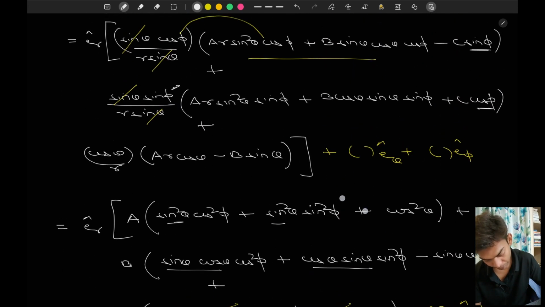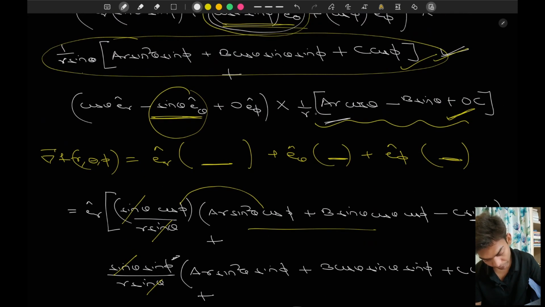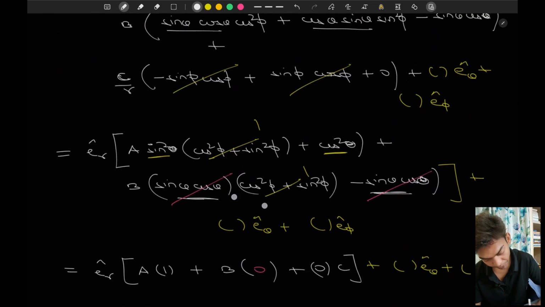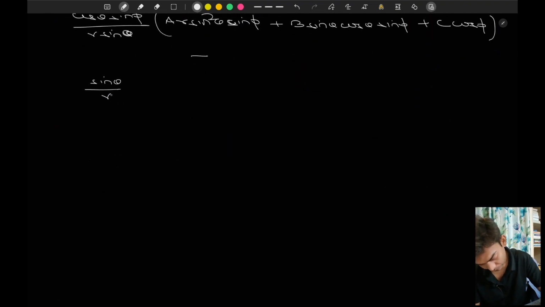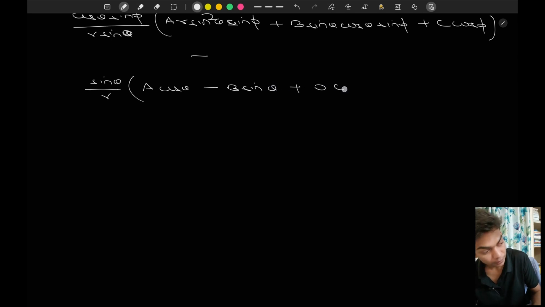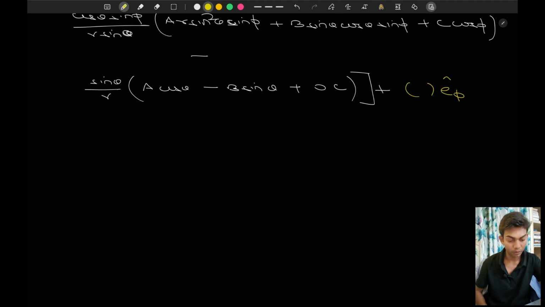There is just this term, which is 1 over r, a r cos theta. It is 1 over r, sorry, not this bracket, 1 over r times (a cos theta minus b sine theta plus 0c), right? Bracket close. And now we have only one term, which is e phi, left to compute, right?